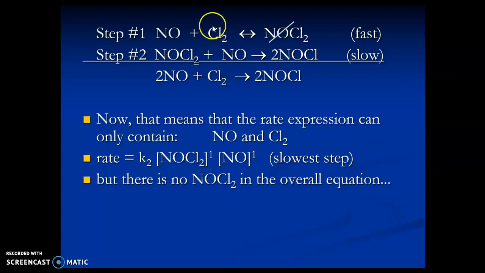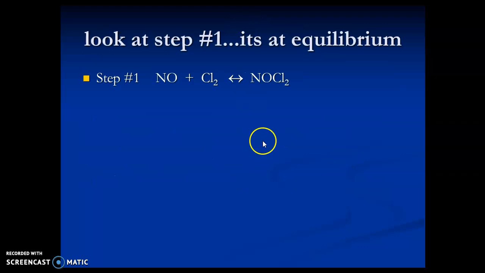Now, if you look at this equation right here, you notice there's a double arrow here. This means I have an equilibrium expression. Now, for equilibrium expressions, I can write another formula. We have our products over our reactants.